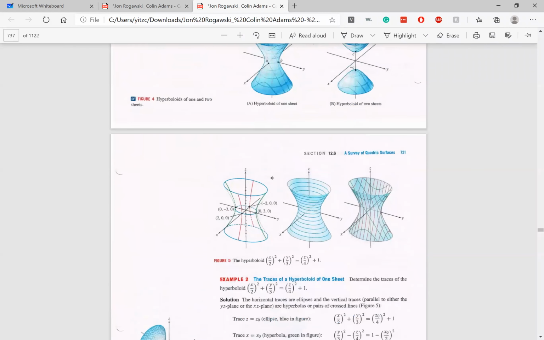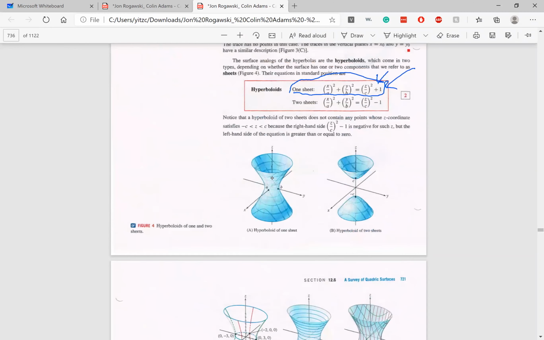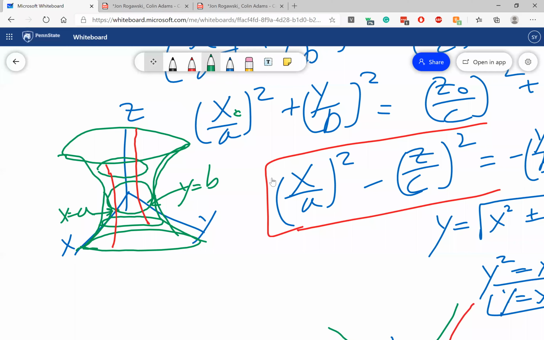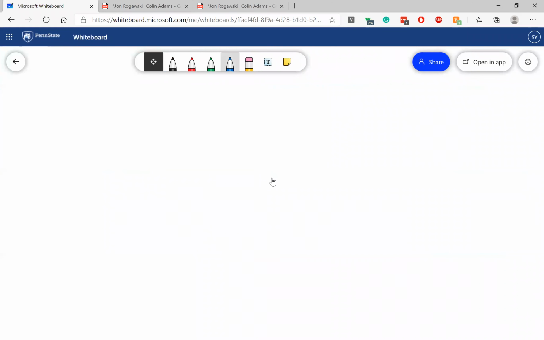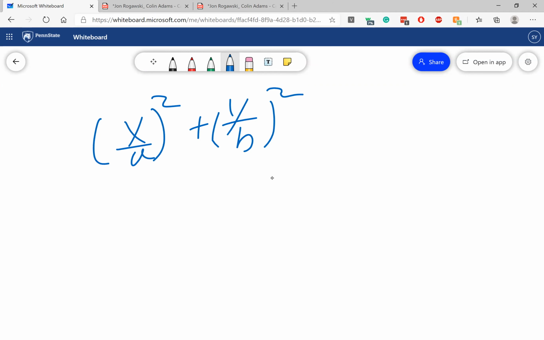Now let's look at the hyperboloid of two sheets. The hyperboloid of two sheets comes around when you have a negative 1 over here. And the reason for that is fairly straightforward. So if you have an equation x over a squared plus y over b squared is equal to z over c squared minus 1.